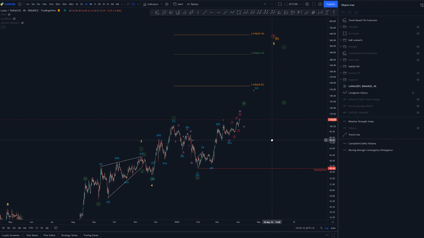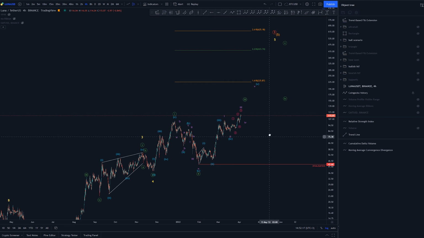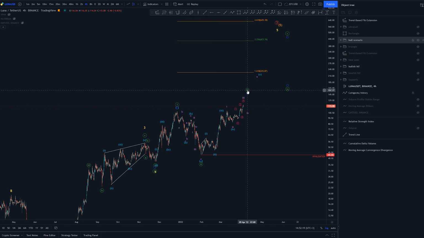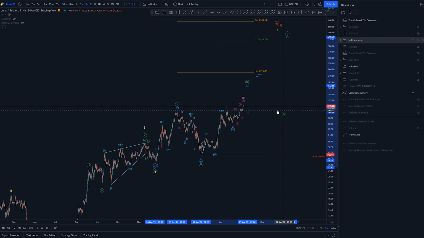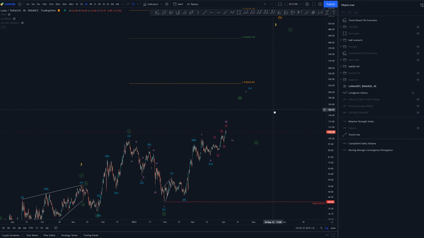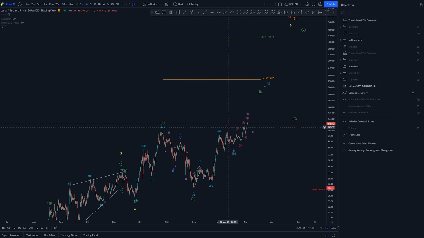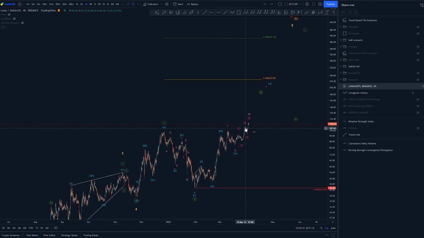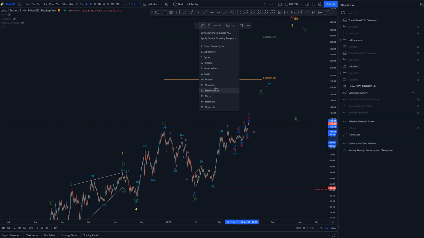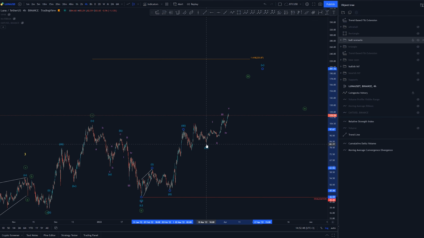However, that I guess could be counted somewhat as an ending diagonal, but before saying that, we would need to see that wave 3 correcting, wave 4 correcting downwards into the wave 1 area, and that is just something that hasn't happened yet, so we don't have to worry about that yet. For now, let's undo that and remove this. I would think this is the most likely scenario.